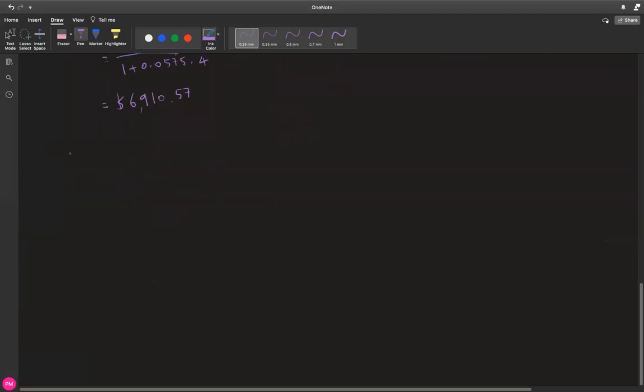Let's do another example that involves bond. So let's say, example, a 6-year bond is purchased for, let's say, $5,400.